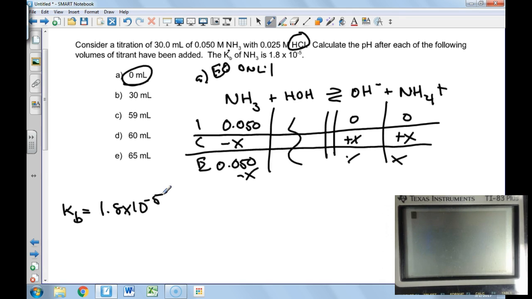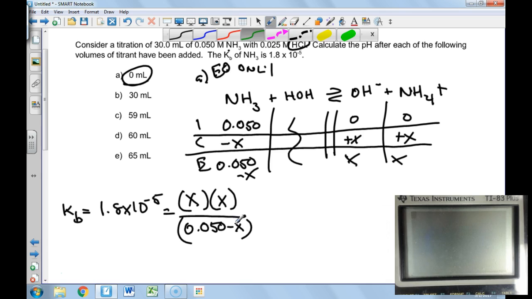So that's going to equal the products, X times X, over the reactants, 0.050 minus X. Now we can simplify and get rid of the X in the denominator, so this is X squared over 0.05.